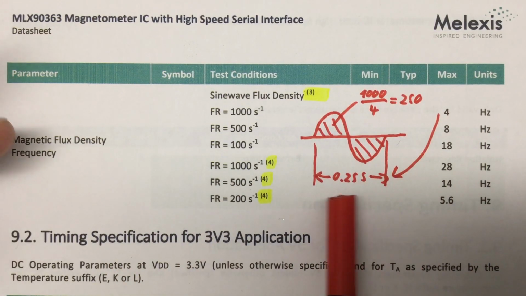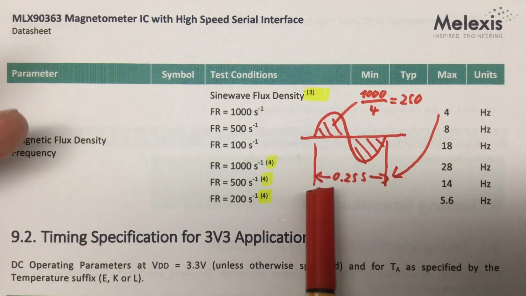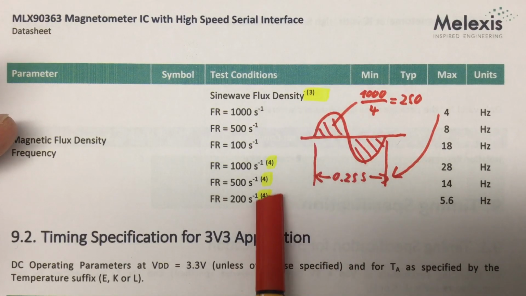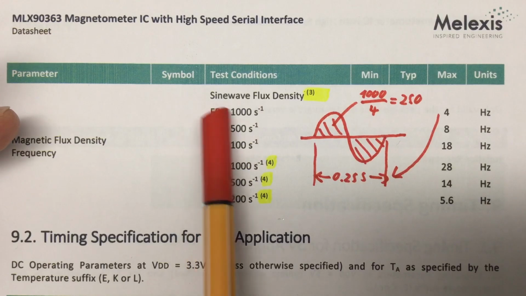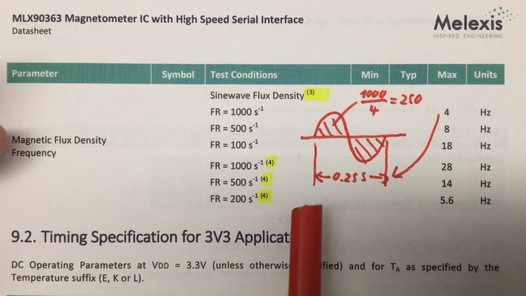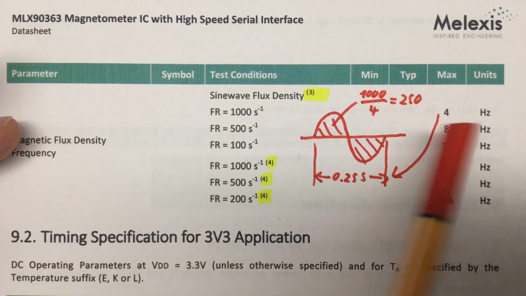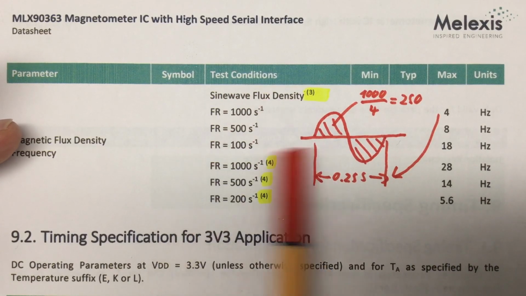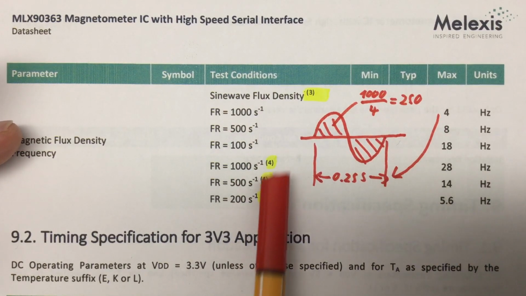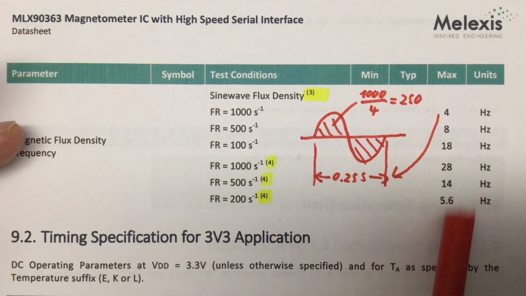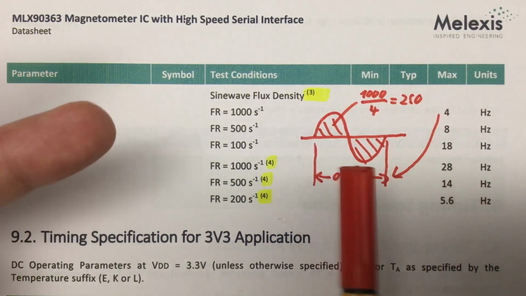Somebody better than me has to interpret these. But interestingly, there are 2 more footnotes. So in general for the sine wave flux density, we have that table here basically doubled. Once here with no footnote and then with footnote 4 with different Hertz values as a maximum.